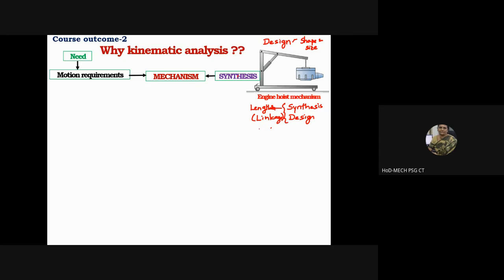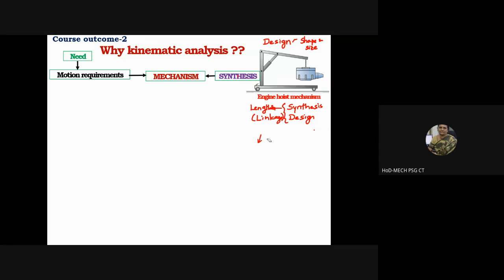Non-linkage type of mechanisms, other than linkage: gear mechanisms, cam and follower, belt and chain drives, gear trains, which covers rack and pinion also, worm wheel, every one of them.